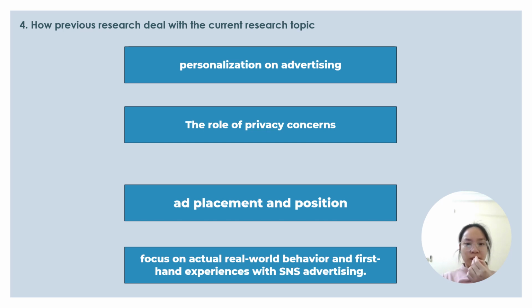To complement the current body of advertising research, which often relies on predefined fictitious scenario studies in a controlled experimental setting, various authors have called for studies that focus on actual real-world behaviors and first-hand experience with SNS advertising.